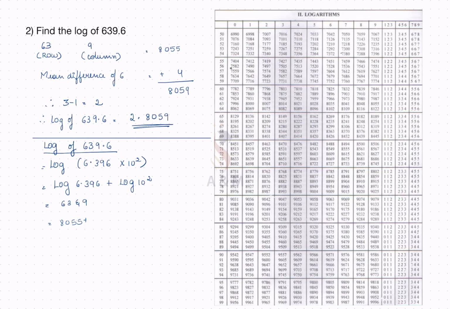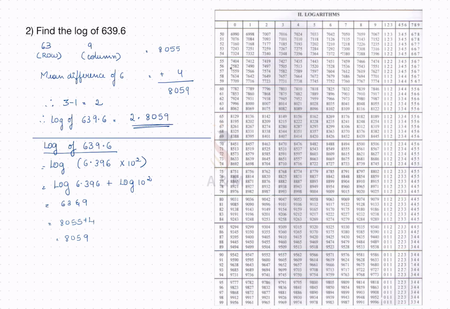Which is the mean difference here? Mean difference of 6, correct? Here it is 63, and the mean difference is 6. This one, 63 and 6, that is plus 4. That is nothing but 8059.